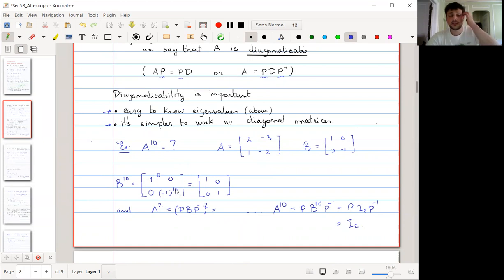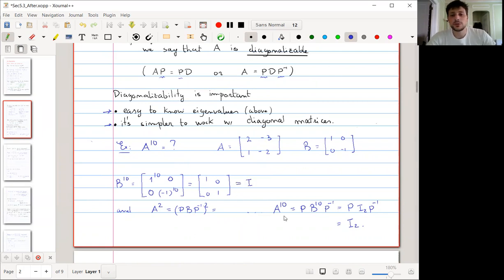This is a property that is not true for other matrices, but if it's diagonal, then the exponent carries over to every one of the single entries in here. So B to the 10th, in this particular case, is equal to the identity.